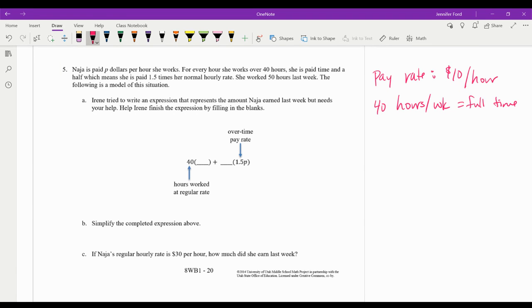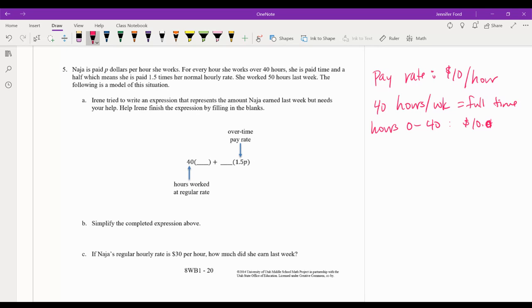But back in the day when I worked for Starbucks and I got paid by the hour, this is how it worked. Okay. So for those 40 hours, so for hours 0 through 40, I made $10 per hour.